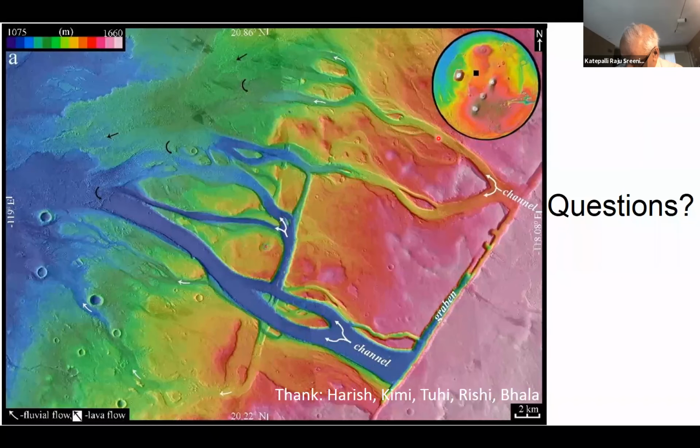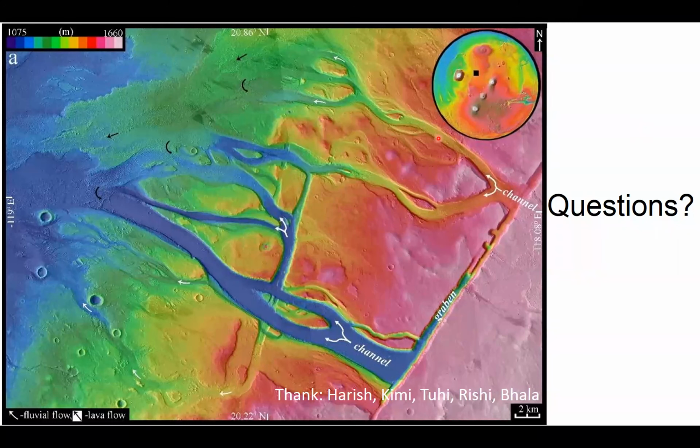Okay, to answer the first question, how to compare with the dense atmosphere of Earth in the past: the fluvial activity which mostly happened on Mars is older. It is 3.7 billion years old, and mostly happened in the Noachian, where the atmosphere was equivalent to the current Earth atmosphere.